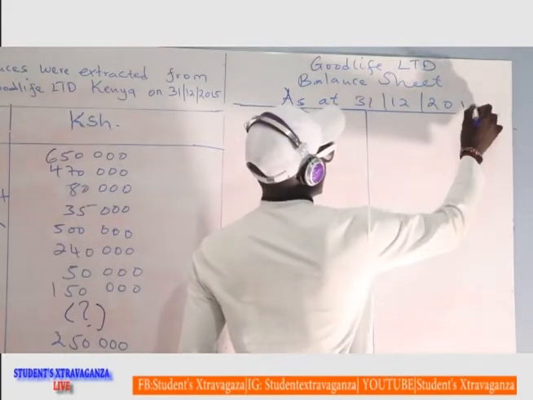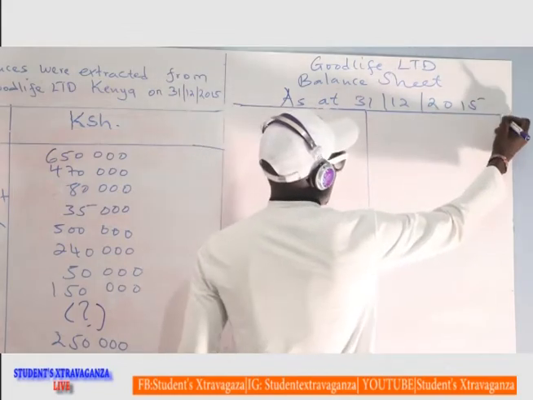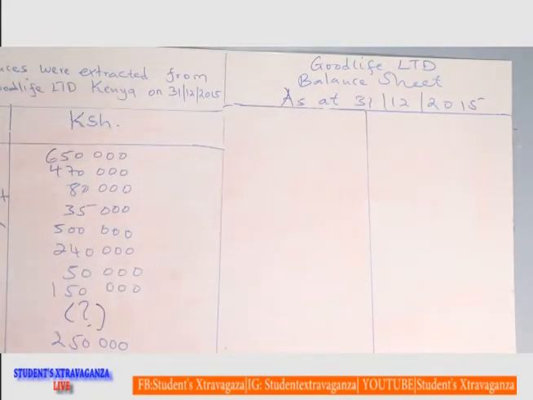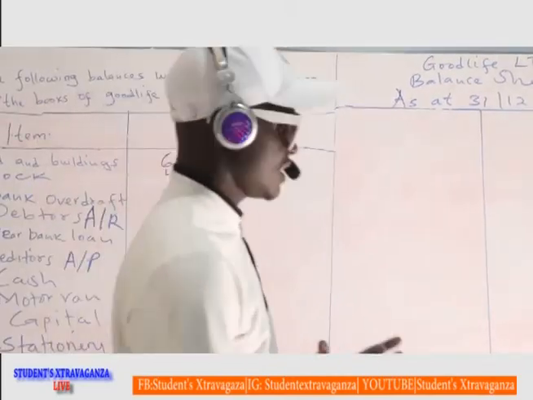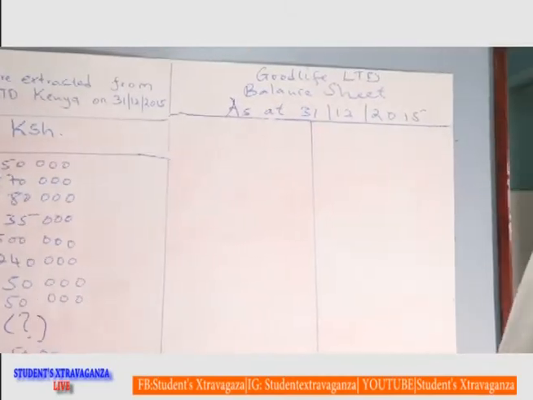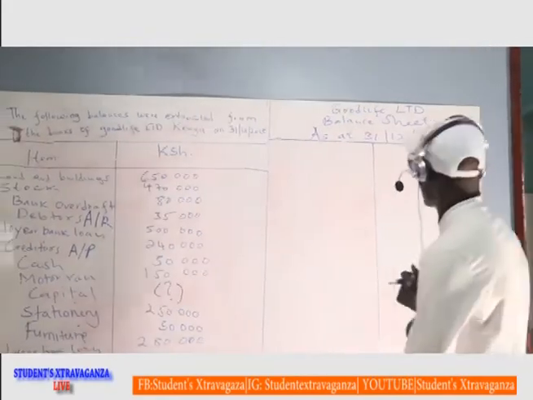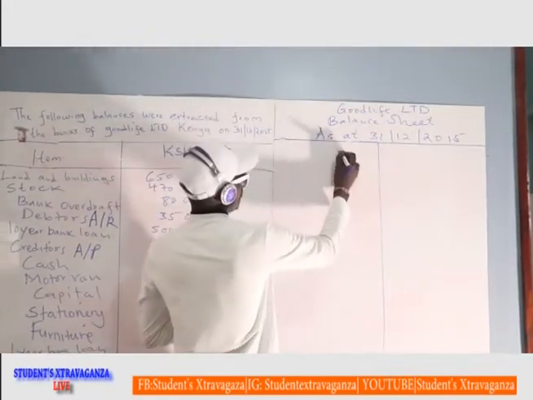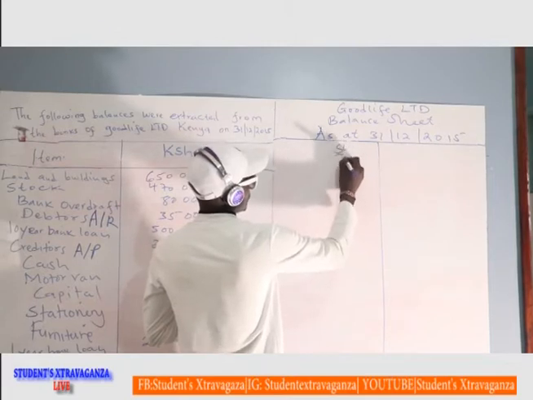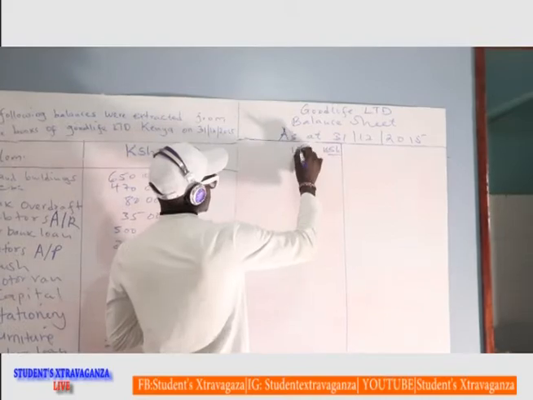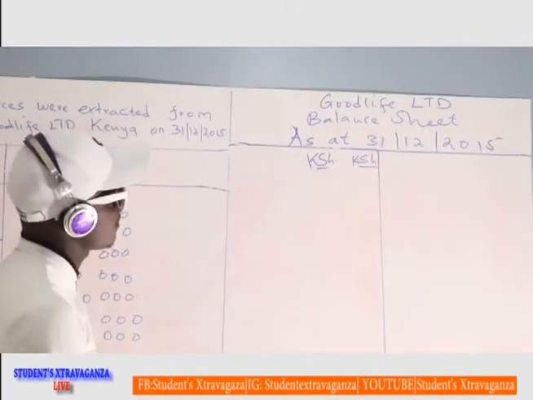It doesn't have a CR or DR side indicated. It has too many columns. Kenya shillings, Kenya shillings.